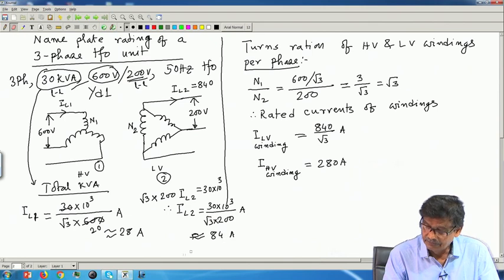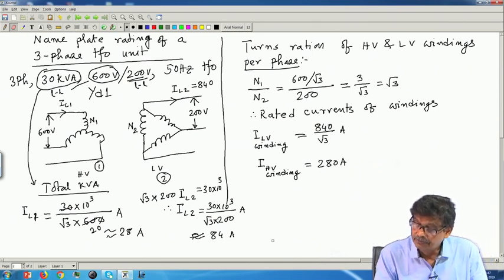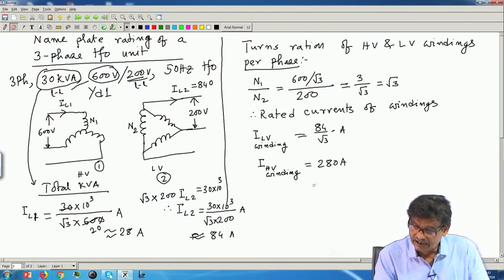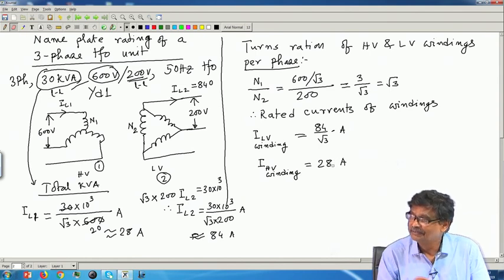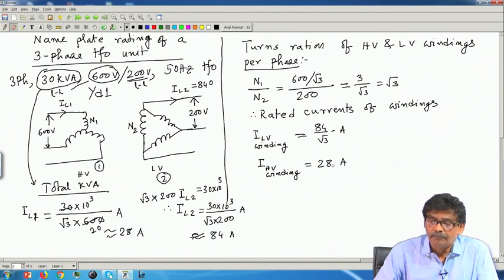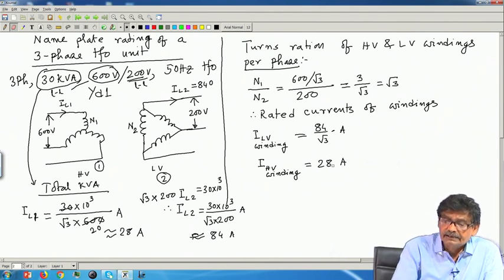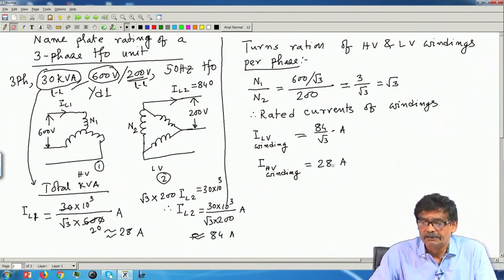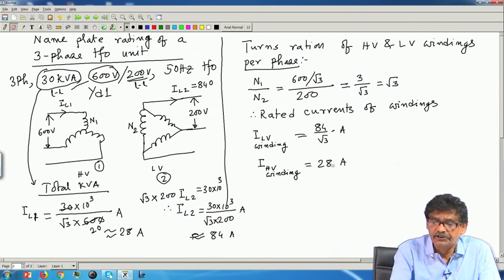I have no calculator, 84, and therefore the LV rated current will be 84 by root 3, and this rated current will be 280 only, 28 ampere. Clear? So, given the ratings, you will be able to calculate everything, including the turns ratio of the coils.